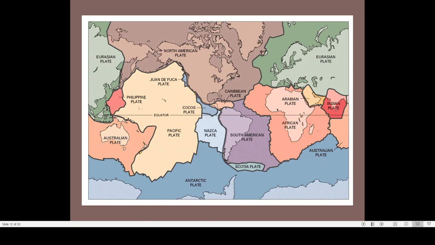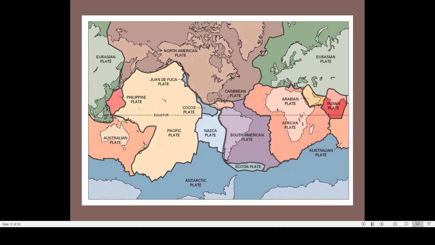Sometimes what happens is that two plates push each other, and as a result of that pushing, one plate will go down and another plate will go up, and as a result mountains will be forming. And when this mountain formation or elevation of land takes place in a sea, there will be a huge upliftment of water.